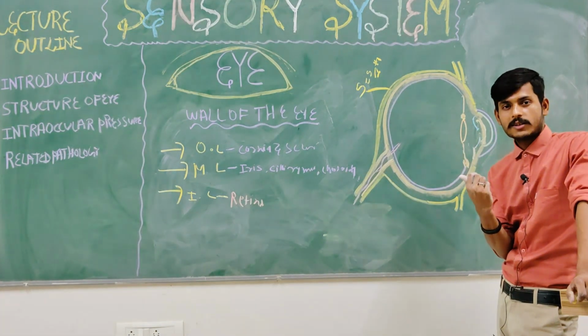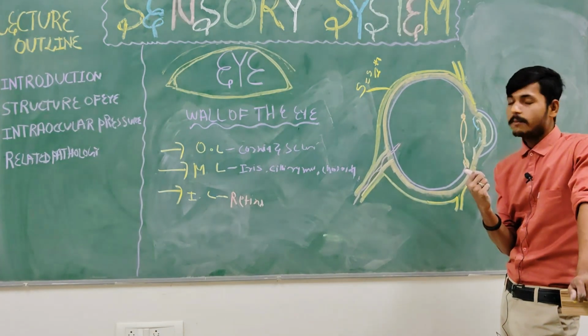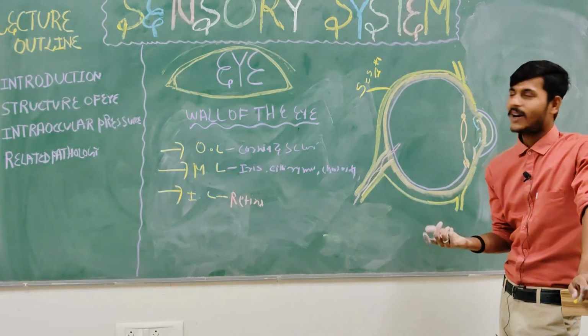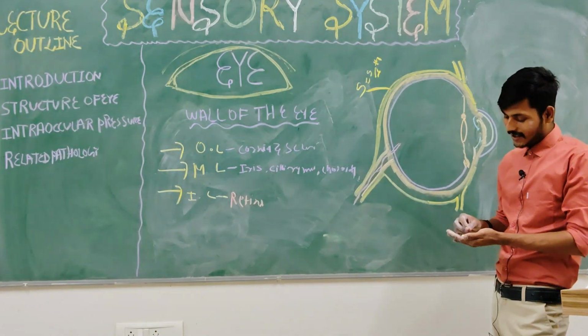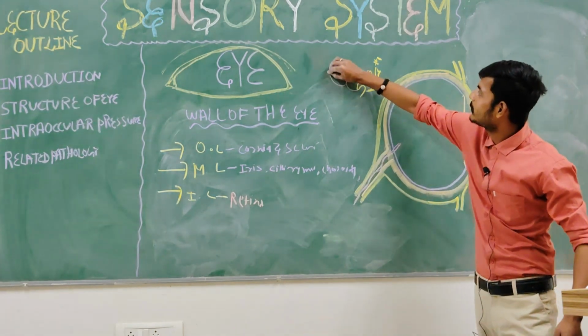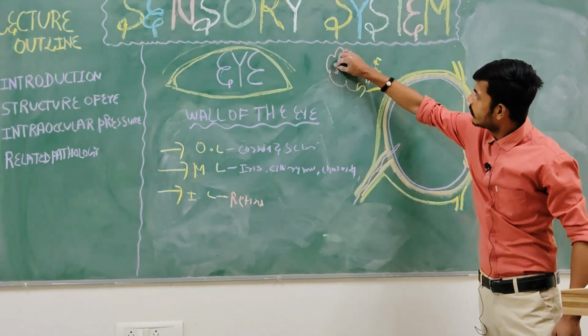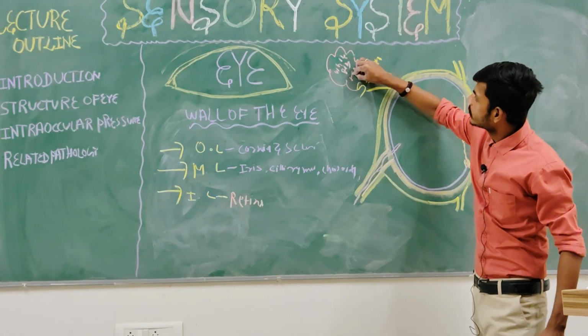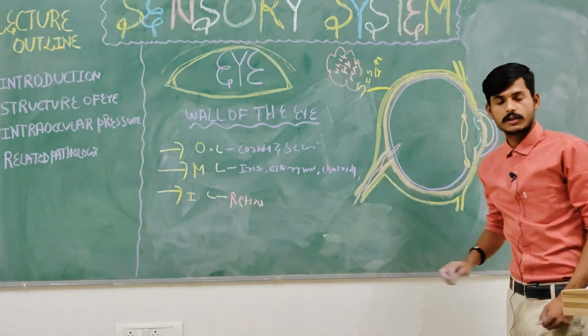So what about the histology? Simple, they are made up of white fibrous tissue. Because they are white, they are made up of white fibrous tissue. It's easy to remember: white fibrous tissue.